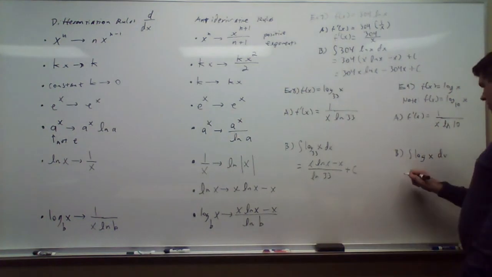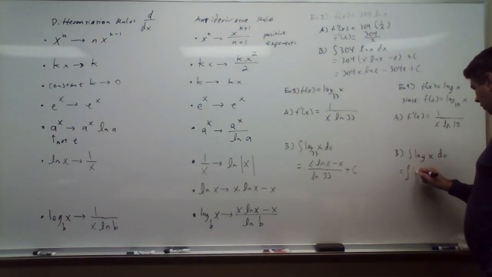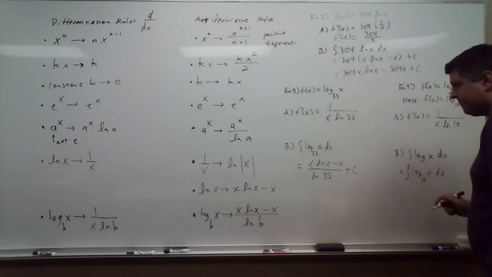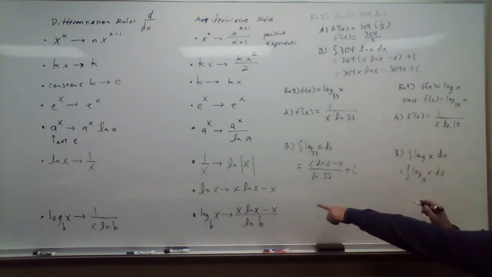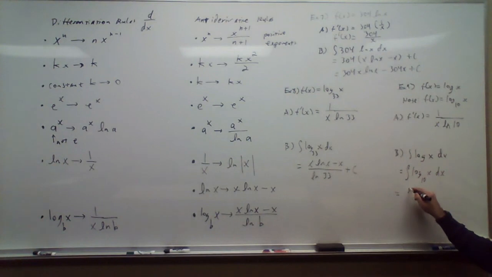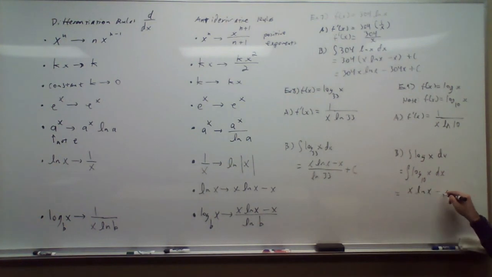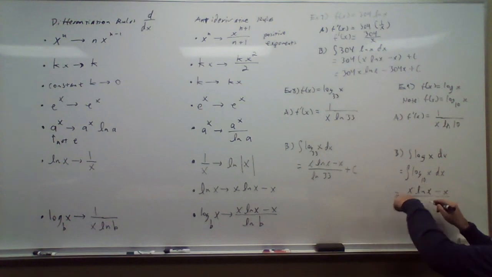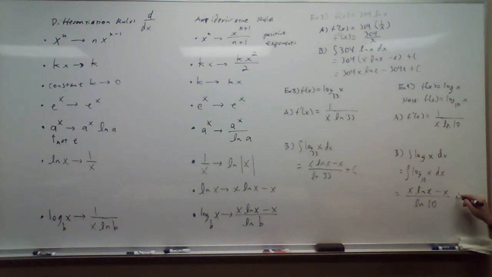Now this one is the integral of log base 10 of x with respect to x. And this rule will be followed. So this would be x natural log of x minus x over the natural log of 10, and then plus C. And I am done.